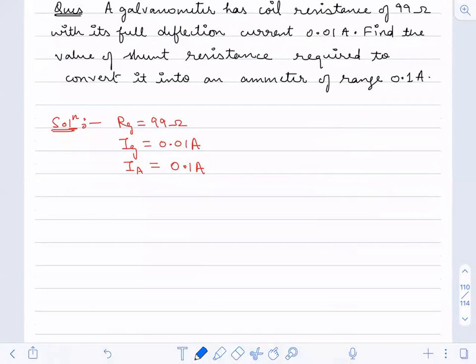So this is the galvanometer. This is its internal resistance, so this is G. Rg value is 99 ohms. The current that it can take is 0.01.